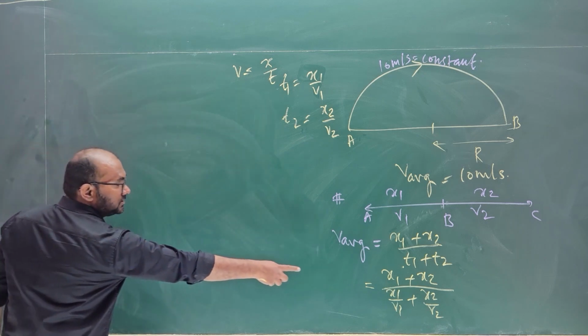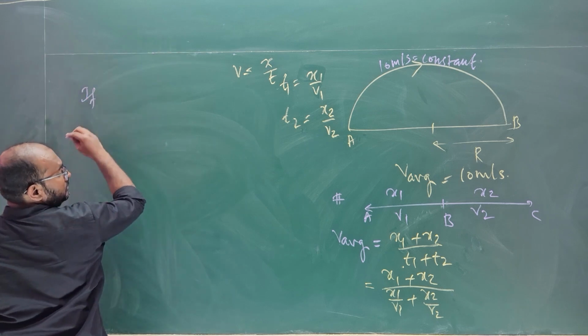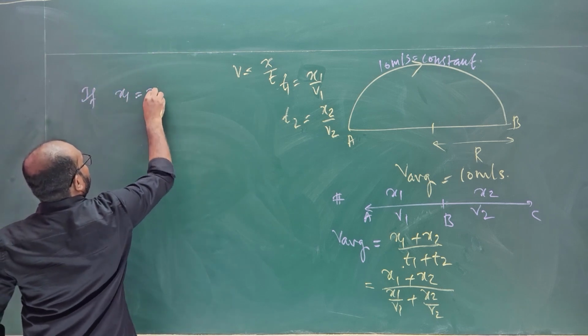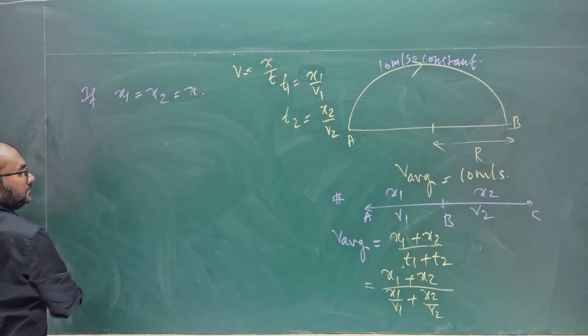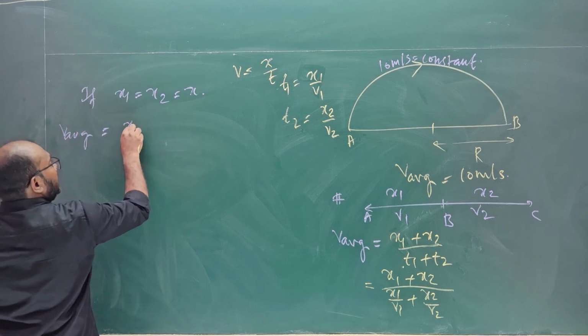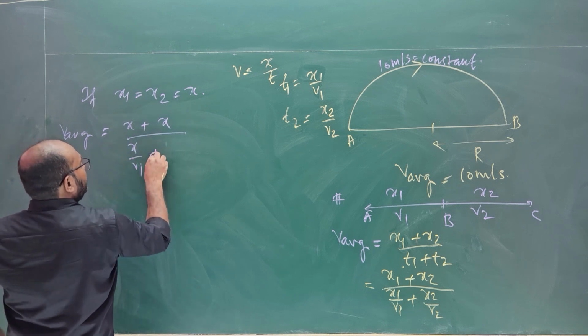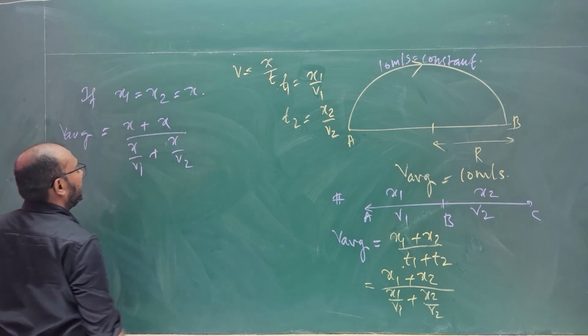Okay, special case for the next one. If x1 is equal to x2 is equal to x, then the same V average can be written as x plus x divided by x upon v1 plus x upon v2. Can I write like this?